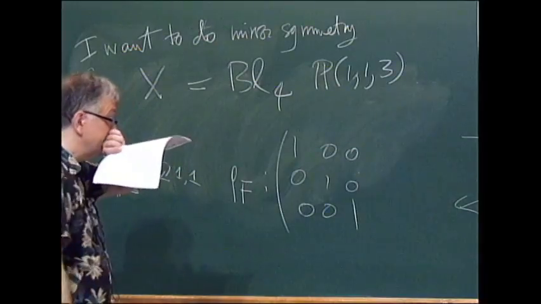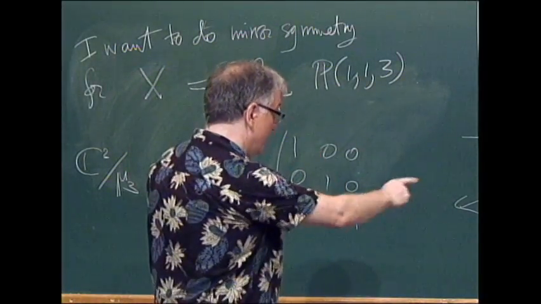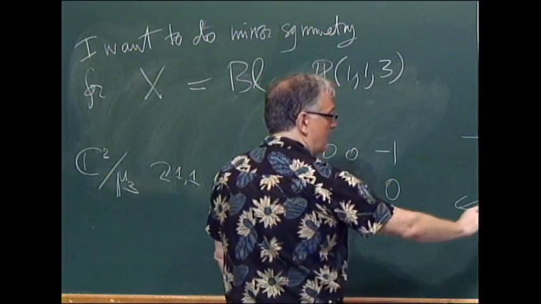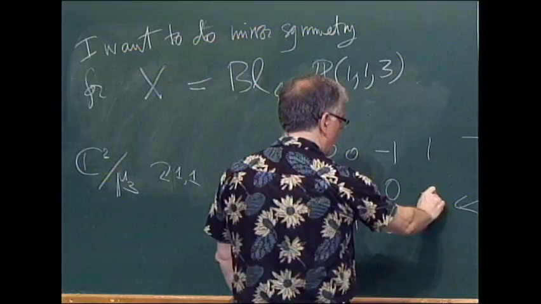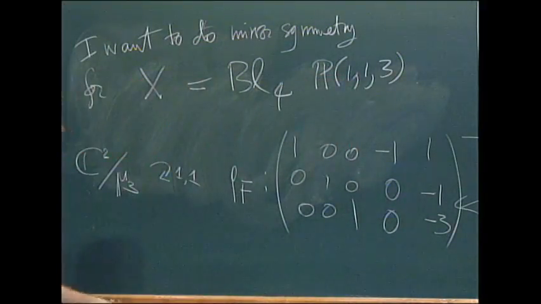It's an identity matrix. And then I just put minus the D's. So that's minus 1, 0, 0. And that's 1, minus 1, minus 3. And that's the ray map to form the ambient space F for that construction.